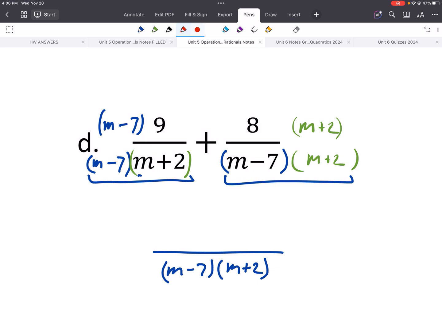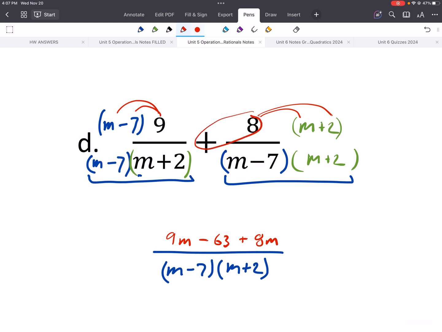So before we add, let's see if we can get rid of the parentheses. So this is the distributive property. We would have 9m minus 7 times 9, 63. And then here we would distribute, we'd get plus, so we know it's positive, and it's not subtraction, so plus 8m. If you wanted to do it like that, again, we could distribute a positive 8.